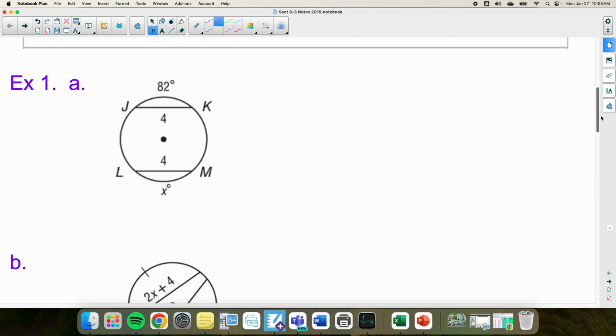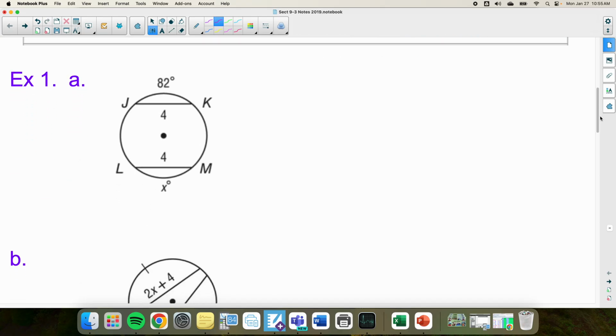Okay? So down here, this one is just asking for LM, and notice that these two are both 4. So what would X be? 82. So if your chords are equal, your arcs are equal, so X is 82. Okay?